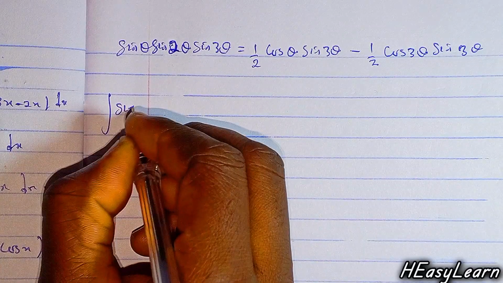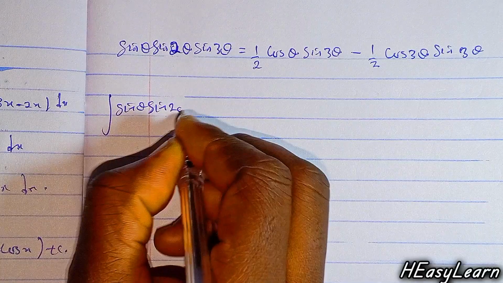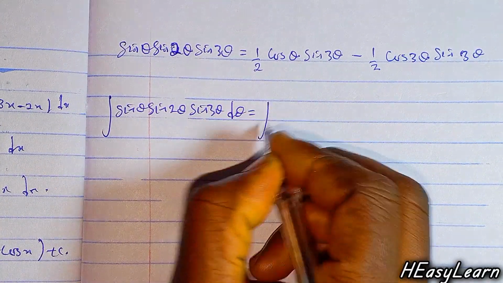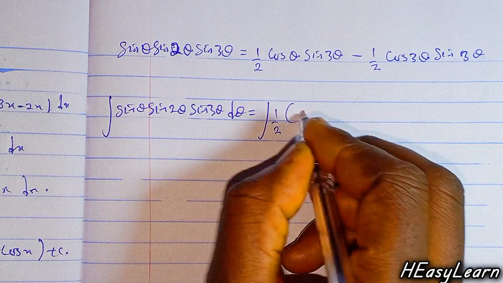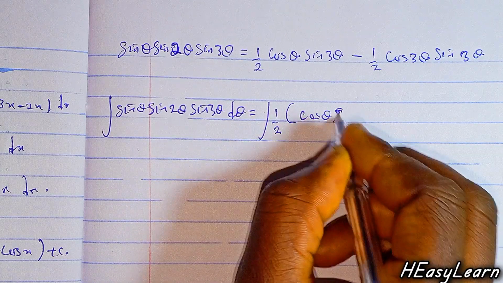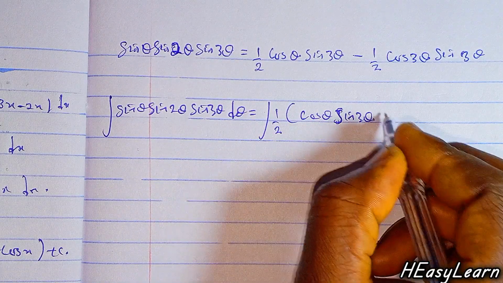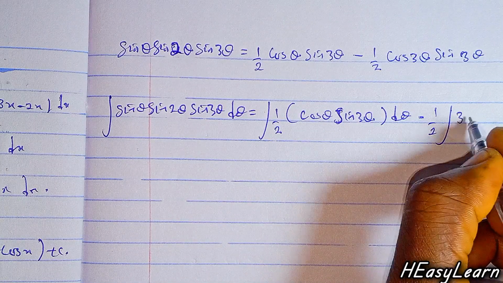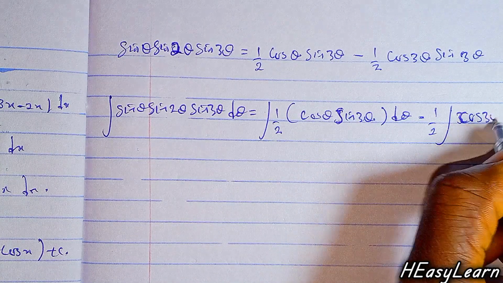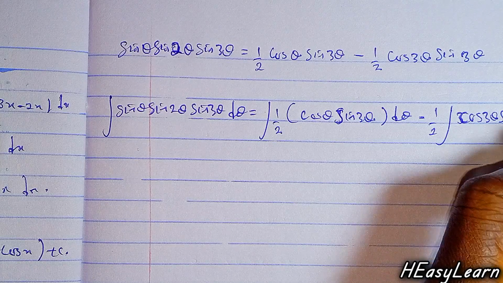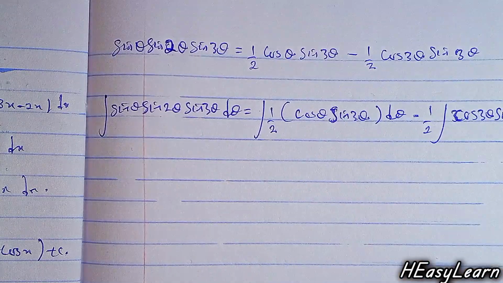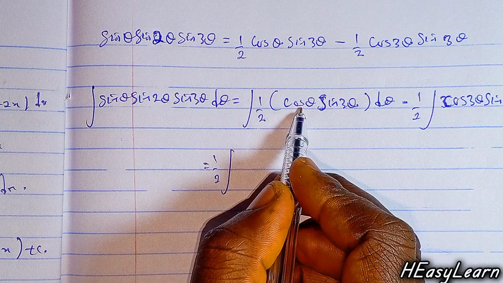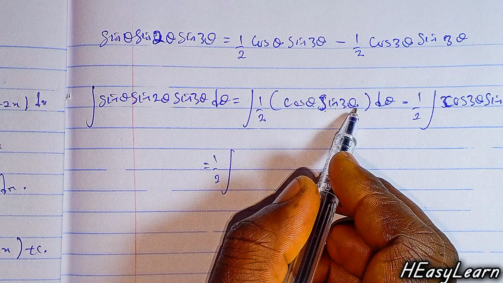Now to integrate sin theta sin 2 theta sin 3 theta d theta is going to be the same thing as finding the integral of cos theta sin 3 theta d theta, minus 1 over 2 the integral of cos 3 theta sin 3 theta d theta. But recall from above again, what is this cos theta sin 3 theta?